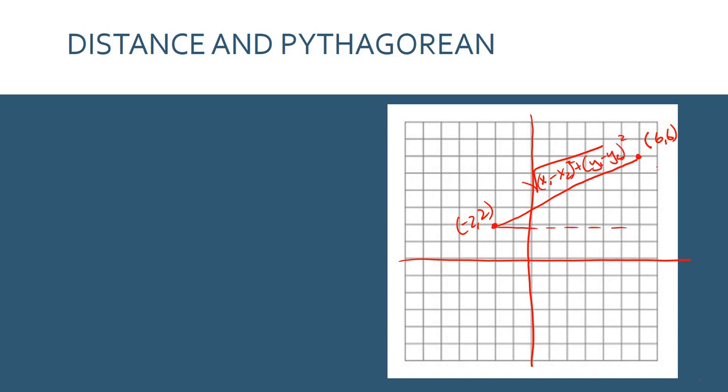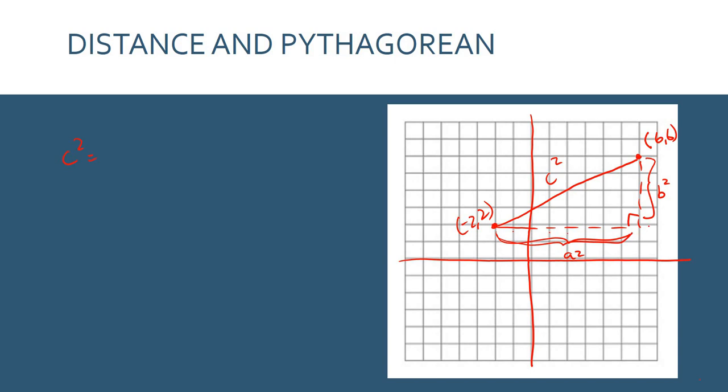If I drew a right triangle here and used Pythagorean, so I'm going to get rid of my distance formula for a moment. If I wanted to have this distance squared and this distance squared to equal c squared, my c squared would equal, how many paces is this? 1, 2, 3, 4.